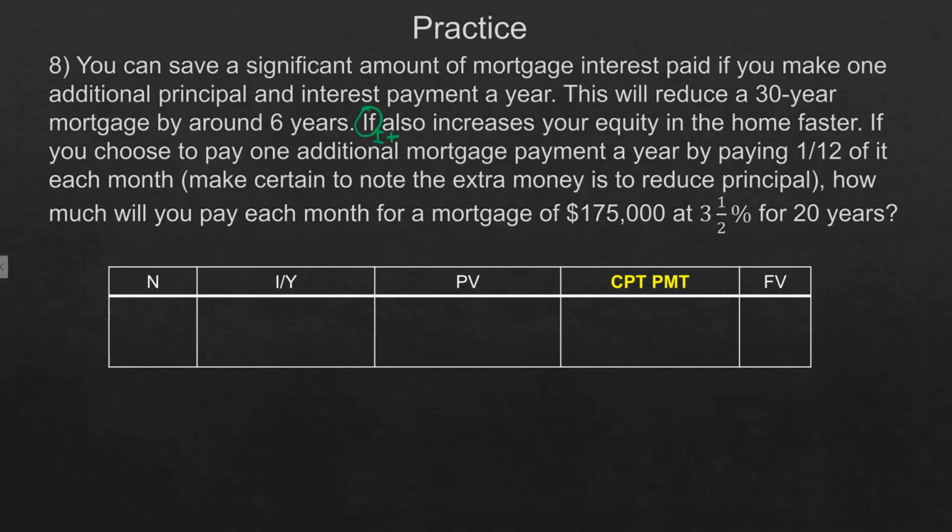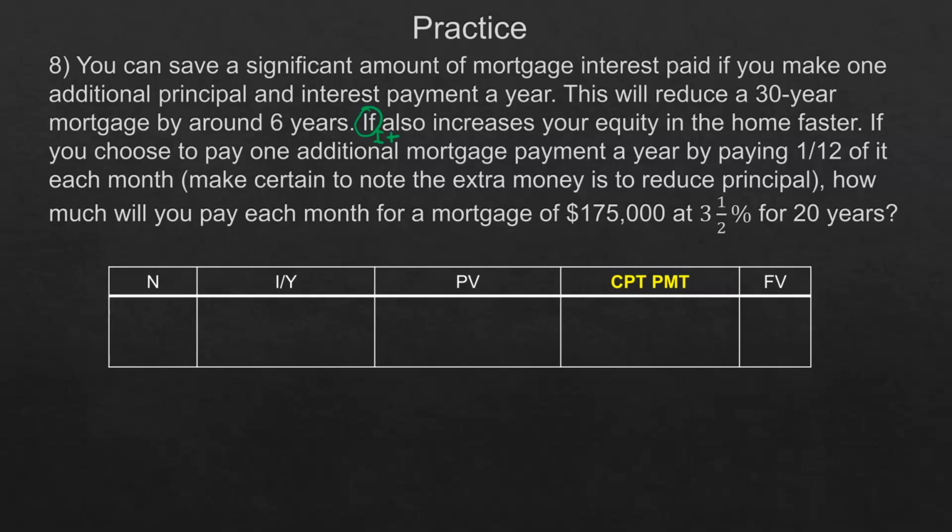It also increases your equity in the home faster. If you choose to pay one additional mortgage payment a year by paying 1/12 of it each month, make certain to note the extra money is to reduce principal. How much will you pay each month for a mortgage of $175,000 at 3.5% for 20 years?